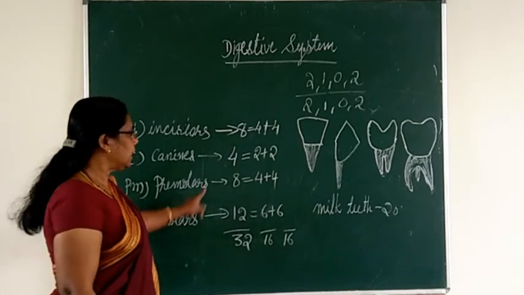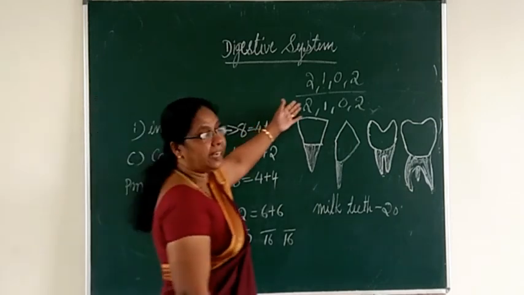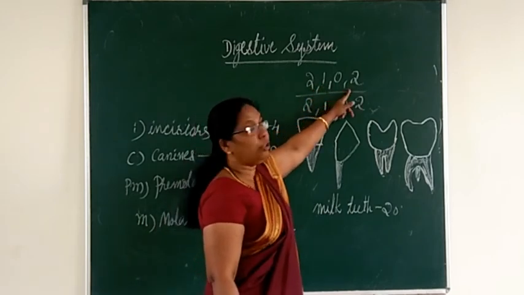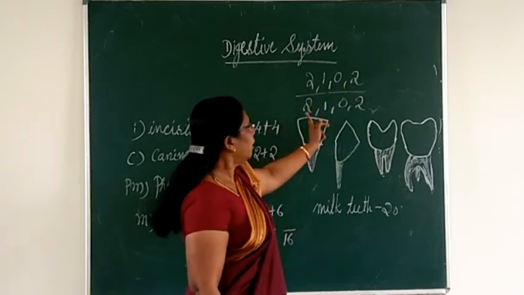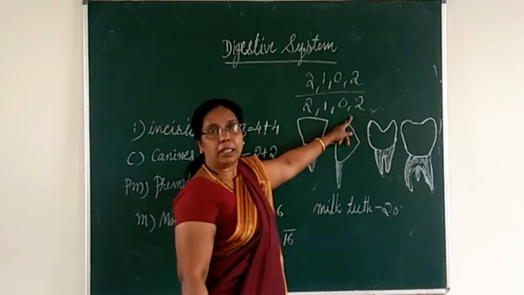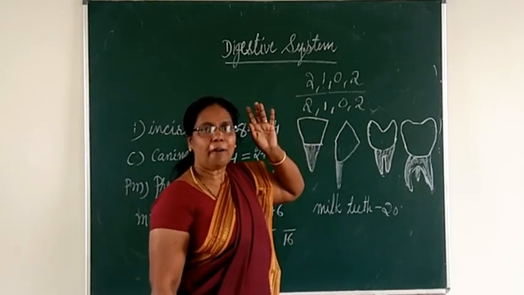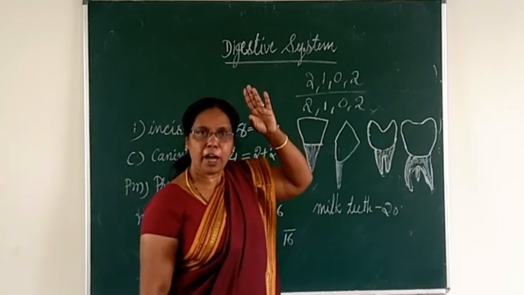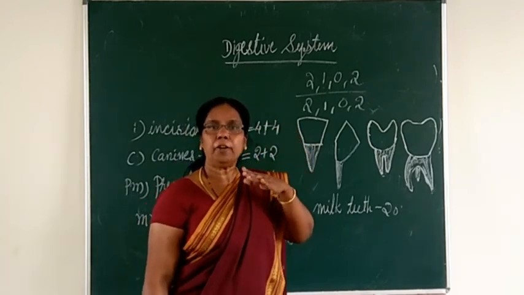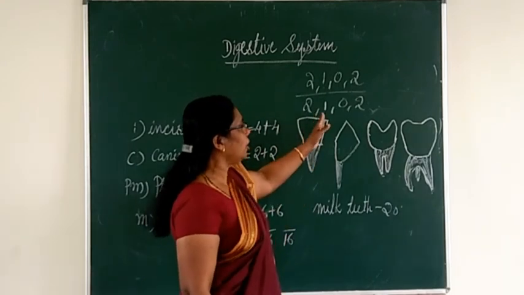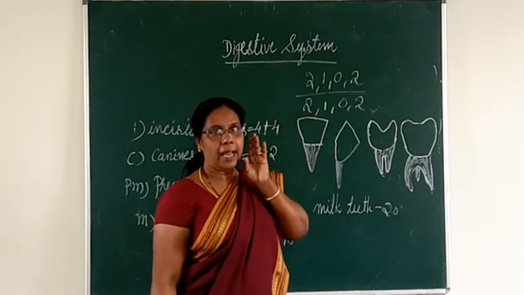Okay, these are the teeth. This is the dental formula. So 2 plus 1, 3, 3 plus 2, 5. Here also 5, isn't it? Here 5, 5, only 10? No, it is not like that. How is the dental formula shown? This is on one side.